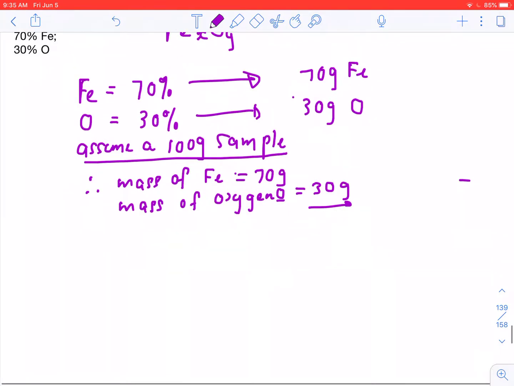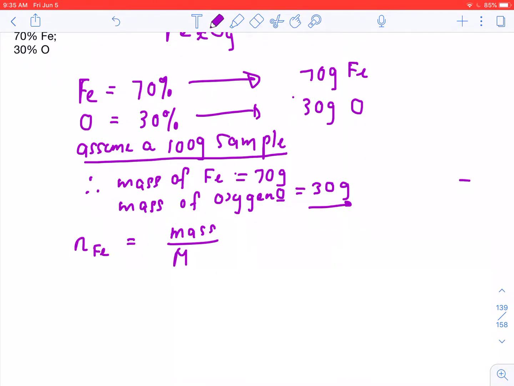Now we need to determine the moles of iron. If we want to know the moles of iron, it would be the mass upon the molar mass. I didn't do this in the previous one, but I thought let me write it out here, which is better.